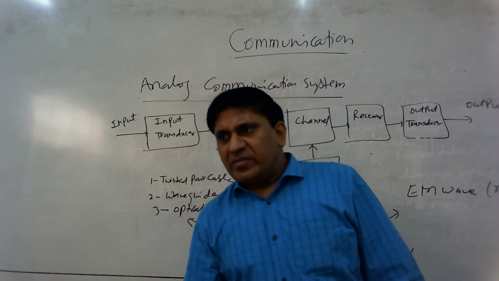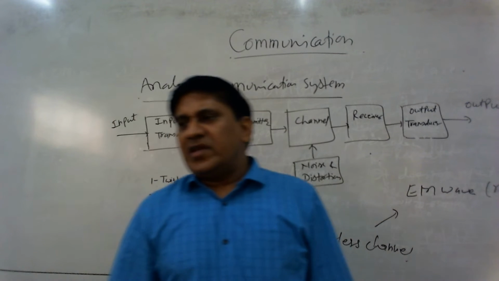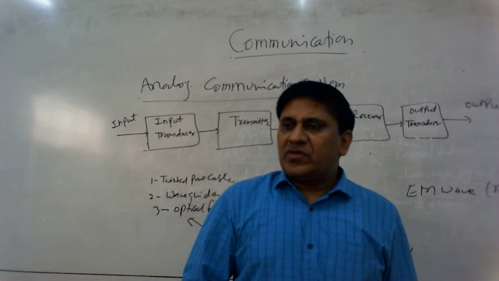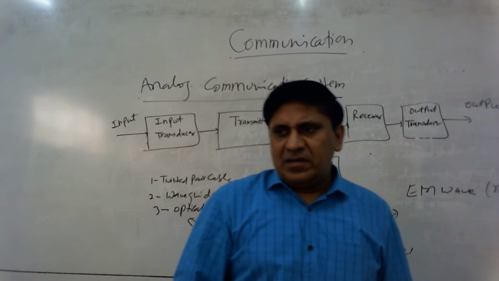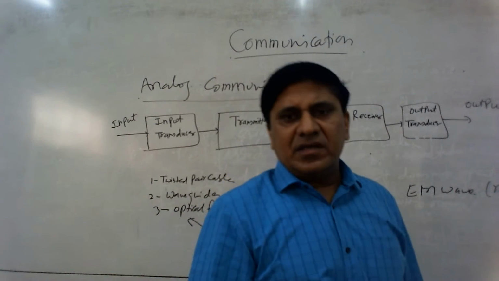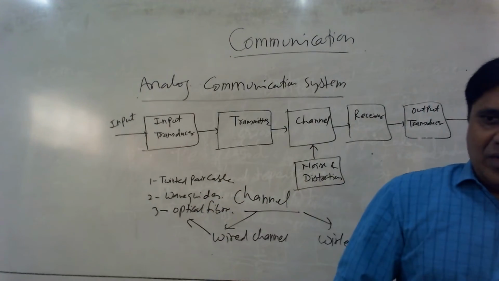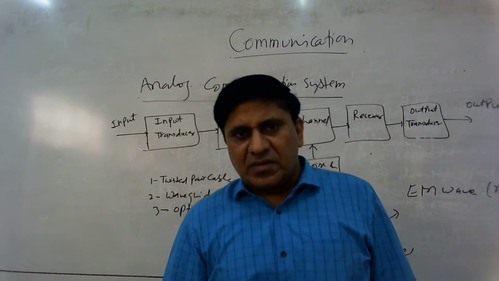So what are electromagnetic waves? It is energy propagated through free space at the velocity of light. What is the velocity of light? The velocity of light is 3 into 10 to the power 8 meters per second, or 3 into 10 to the power 10 centimeters per second.